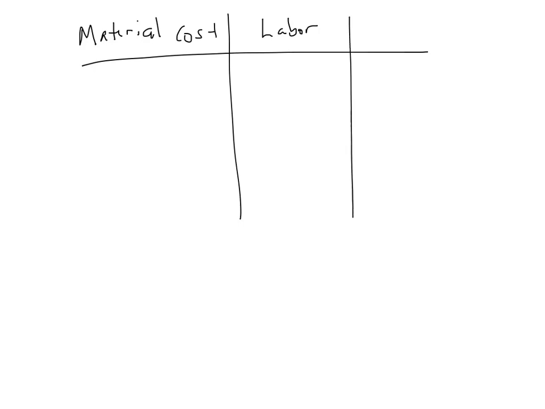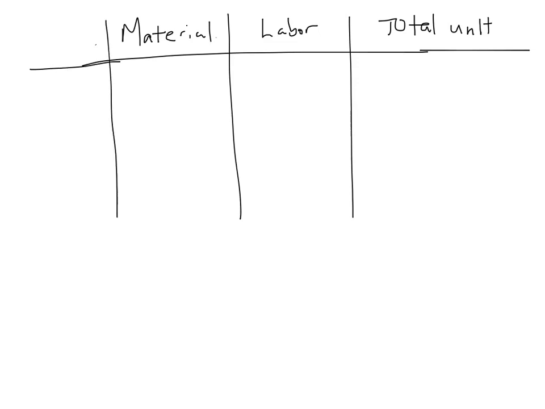And we're going to add those together to get the total unit cost. Let me make this a little bit cleaner. This is material. And then let me do the variable.